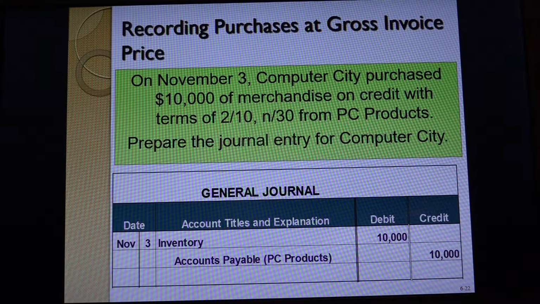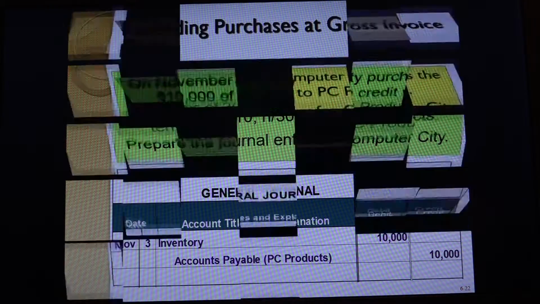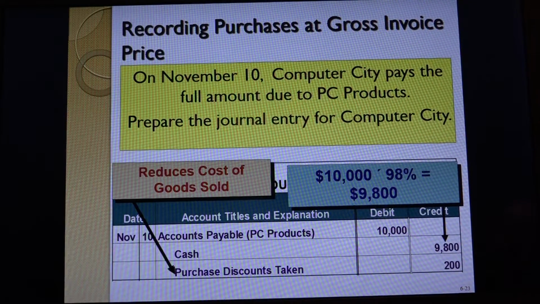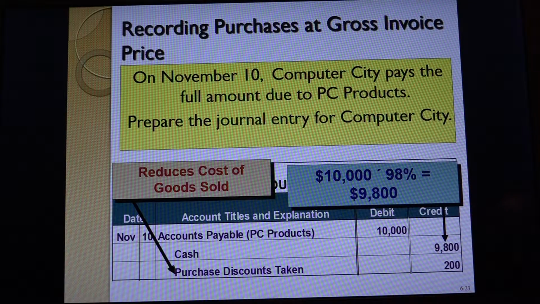This would be another option of $10,000, and if and when they take the discount, simply record the difference between the cash paid of $9,800 and your other credit would be your purchase discounts taken account. And that reduces the cost of goods sold, that purchase discounts taken.